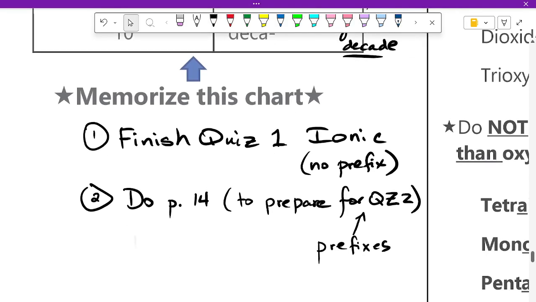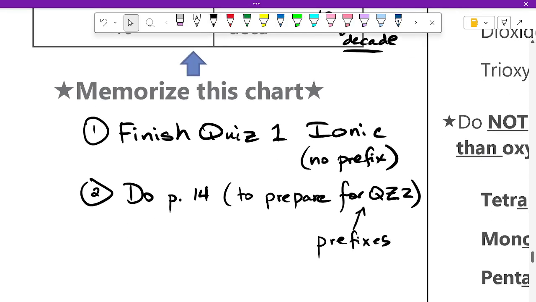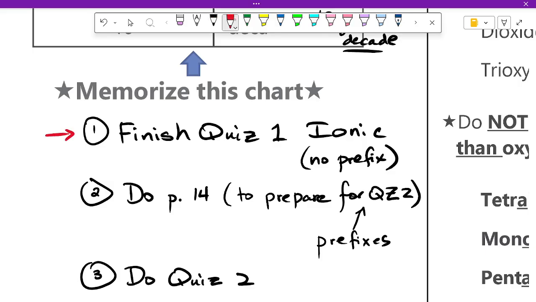And then if you feel like you've got the prefixes memorized already, because some people just pick up memory things really quickly, you can do quiz number 2. This and this need to happen today. Thank you. It's just in case you need to redo it, but you obviously don't.